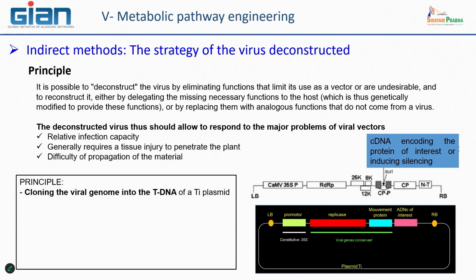In this case, we use the sequence of the virus normally used for this type of transformation, but we insert it between a left and a right border recognized by the Agrobacterium.